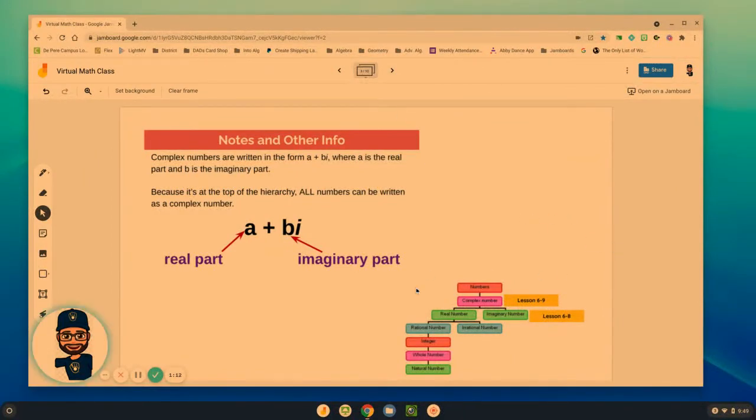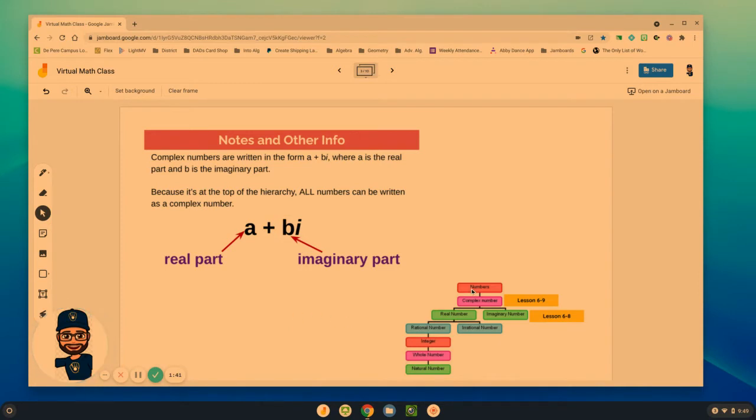So complex numbers are when we have the real parts combined with the imaginary parts. Together that makes a complex number, typically of the form a plus bi, where a represents the real part and the bi represents the imaginary part. As we saw in some of yesterday's problems, we were actually working with complex numbers, not just imaginary.